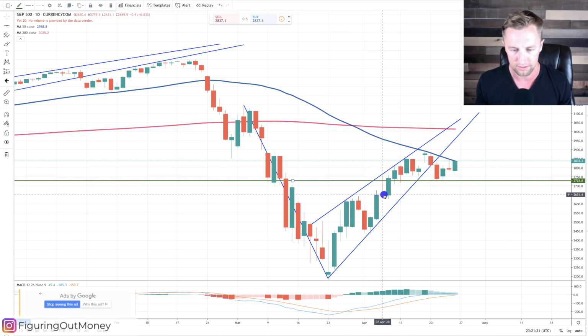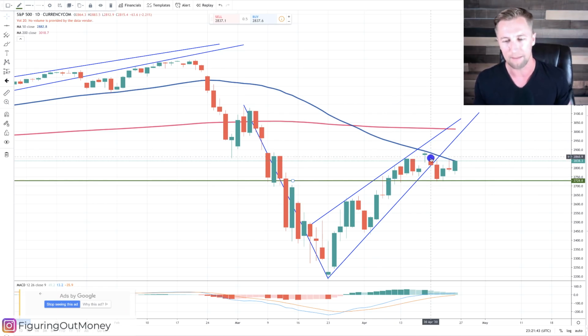It's kind of an inverted hammer or inverted doji. I don't know what you want to call this, but it's a pretty bearish looking candle, a reversal candle. Came all the way up, got rejected and pushed all the way down, and then finally it broke up, and now it's acting as support. So that's what happens when resistance is broken. Resistance then becomes support, and typically when it breaks, it moves up and then back tests, and that's exactly what took place right here.